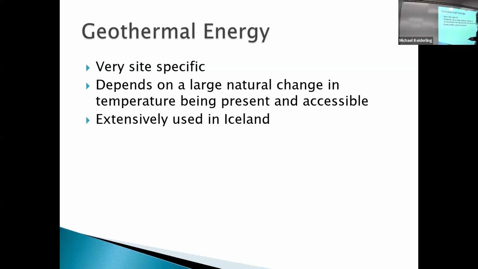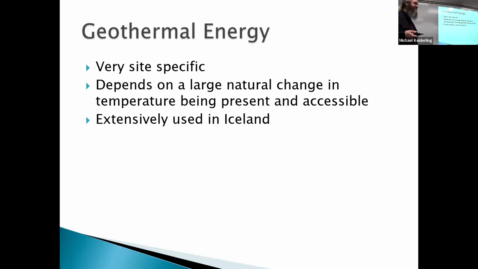But to get there gets tricky. It's very site specific. It's extensively used in Iceland, so electrical power is dirt cheap in Iceland. People heat greenhouses by just drilling down, running water through the ground and back up. People have their own personal geothermal power in Iceland.